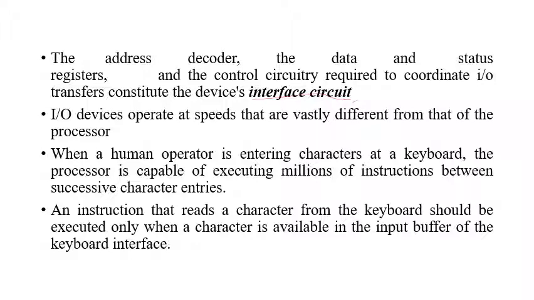If there are no input buffer registers, by the time the user finishes pressing a single character, it will be displayed multiple times on the display device, since the processor reads multiple entries. To avoid that, we have an input buffer. This will hold the data being pressed on the keyboard, and the data present in the input buffer is processed using some device and converted into another form which can be displayed on the display device.